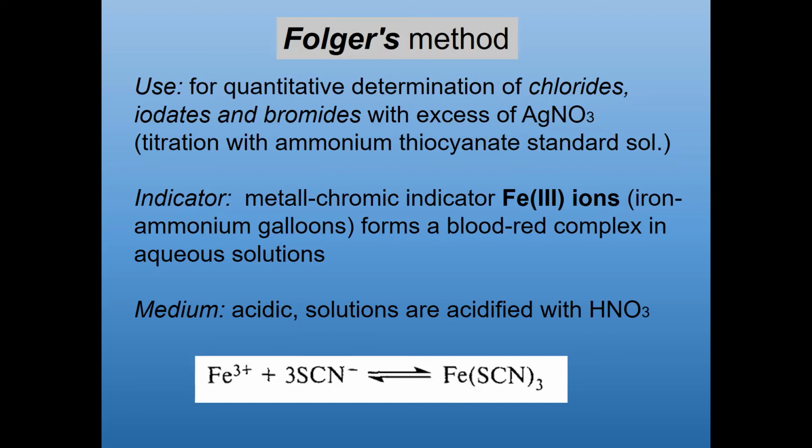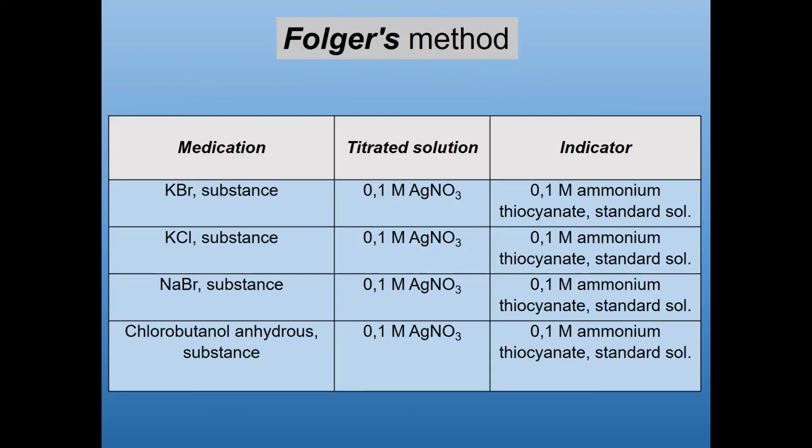The Volhard method is for quantitative determination of chlorides, iodides, bromides with an excess of silver nitrate. Indicator: ferric ions, which form a blood red complex in aqueous solutions. This method is used to quantify potassium bromide, potassium chloride, sodium bromide, and other medications.